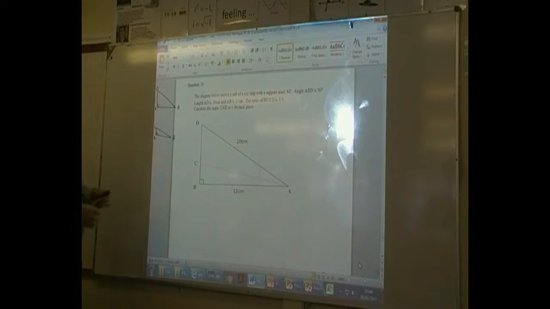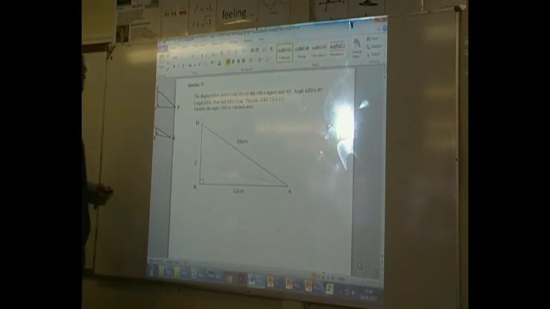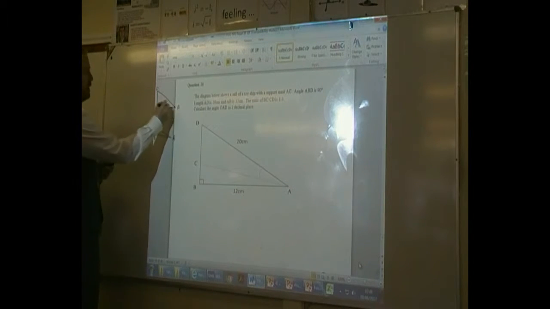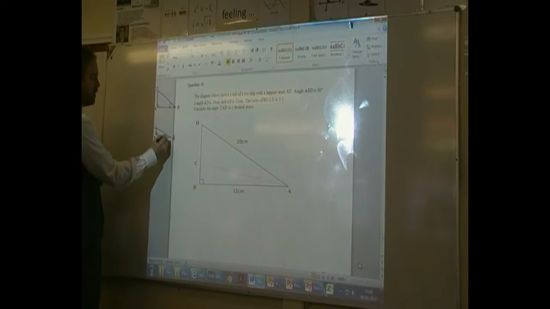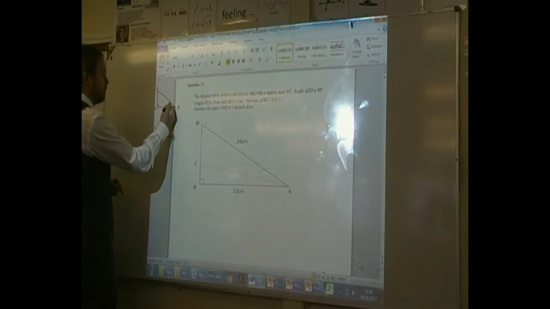Now, what we're wanting is the angle here, but that angle is not in either of those triangles. Actually, the bigger angle here take away the smaller one there. So if we can work out this angle, then we can work out the angle there.